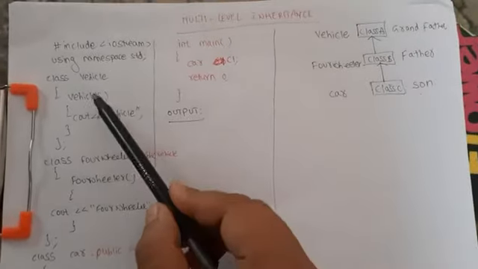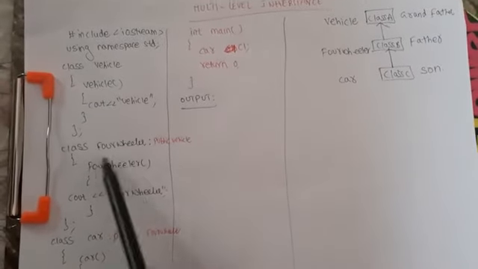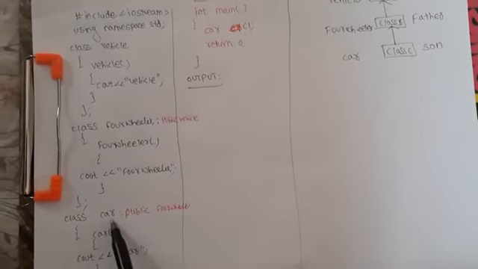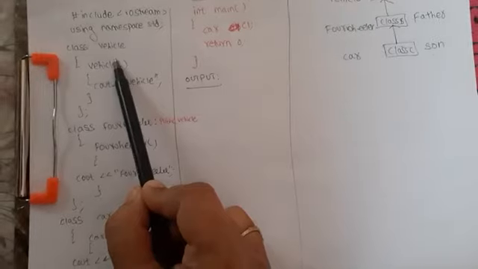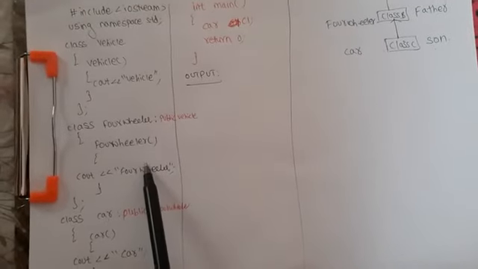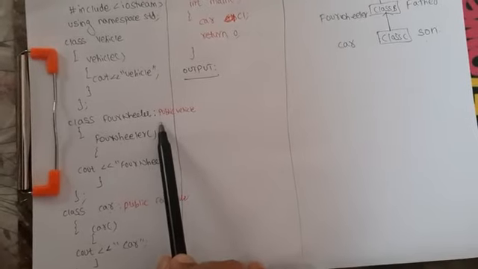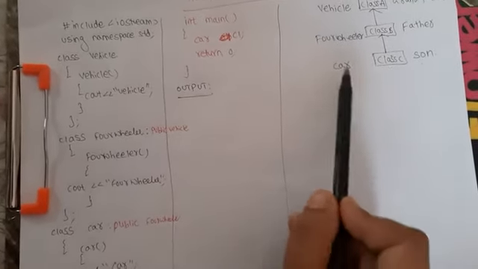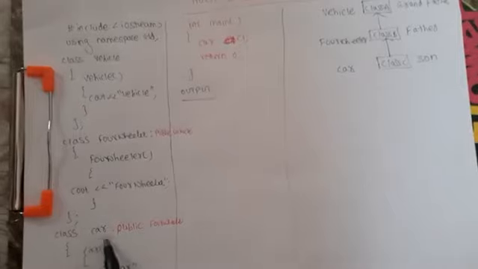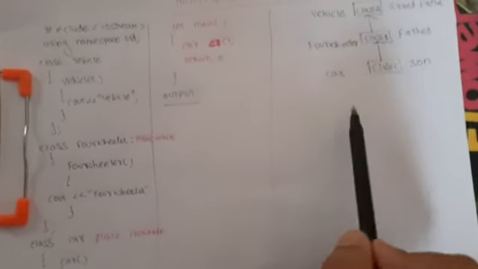Let us see class vehicle, class four-wheeler, class car. Here we have inherited. Class vehicle is a parent class, this is a child class, and this is the next child class. Four-wheeler is inheriting vehicle, and car is inheriting four-wheeler, so you know, public four-wheeler.